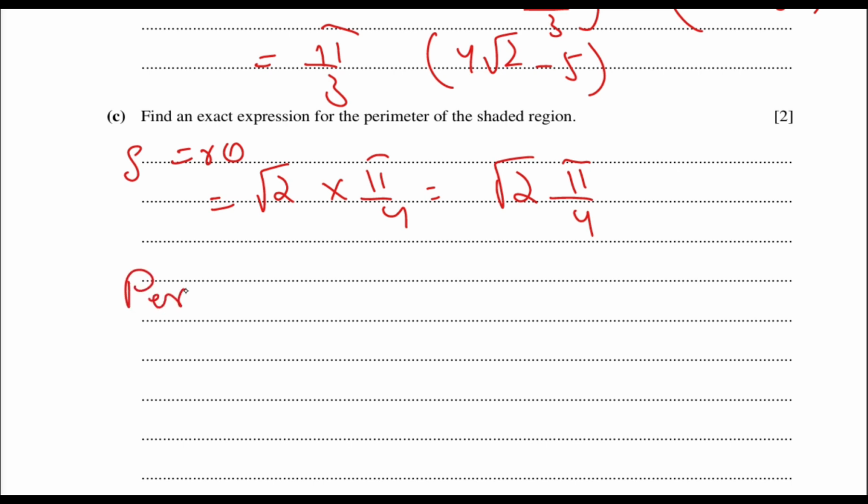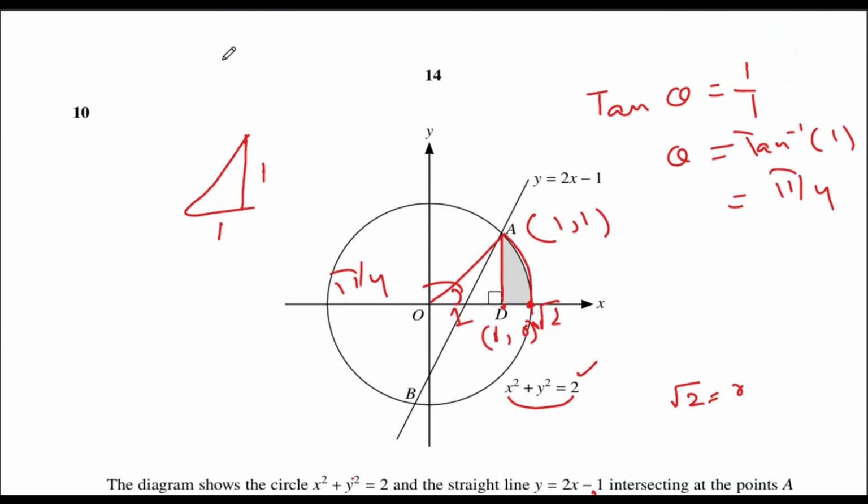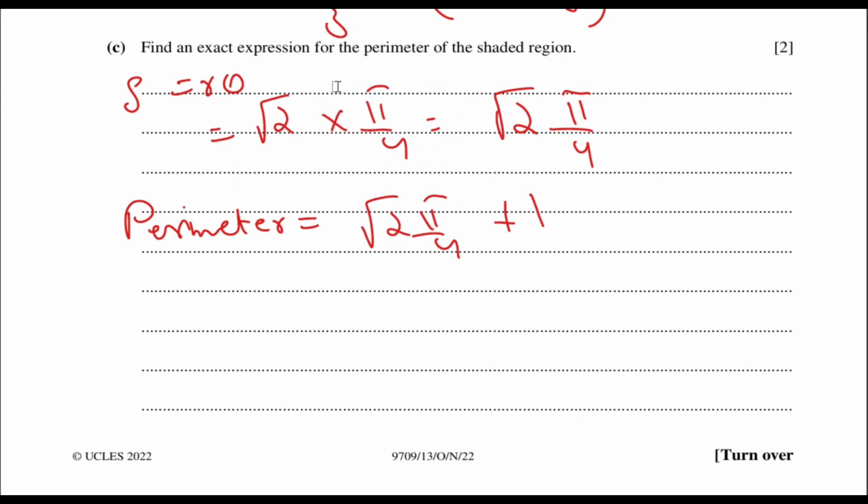So the perimeter will be root 2 pi by 4 plus 1, plus the second term. Let me make a clear diagram myself.